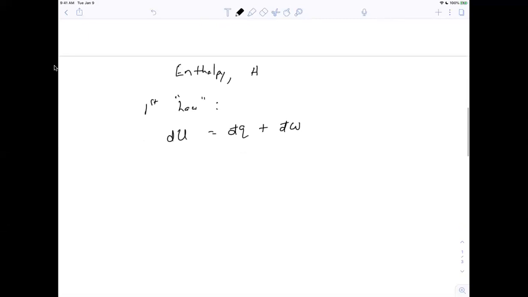Now, if we make two stipulations, or we could say constraints: one, that we have a reversible process of any kind, and two, constant pressure.